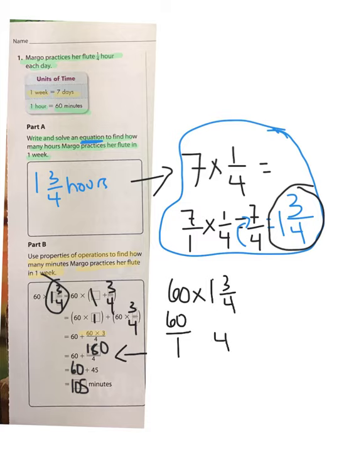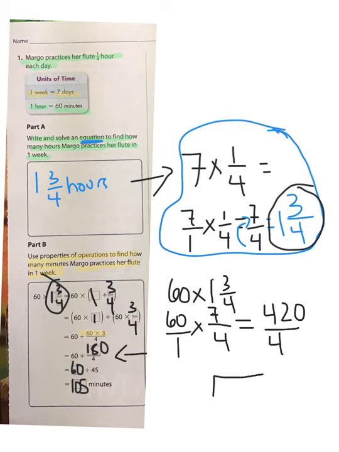You're going to use your 4. And I know 1 times 4 is 4 plus 3 is 7. And we're going to multiply it. And 60 times 7, 6 times 7 is 42. And put your 0 over 4, because 1 times 4 is 4. And then you just need to divide.